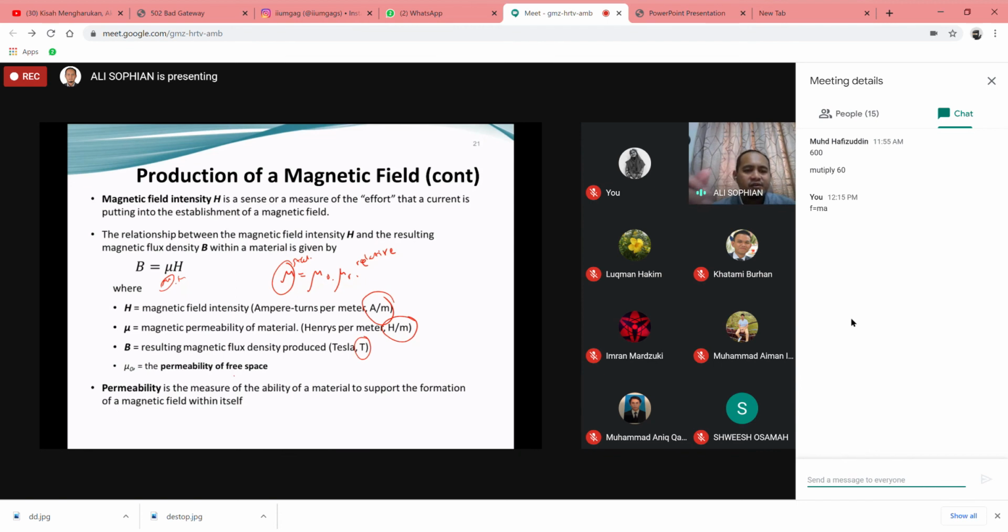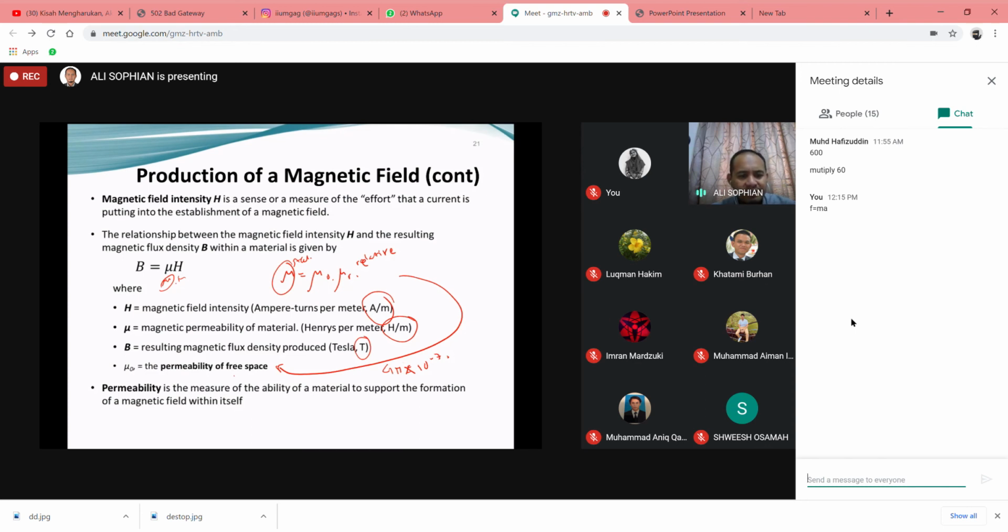This is just to make it easy for us to do the calculation, because we make it relative to this number here. Mu naught is equal to 4 pi times 10 to the minus 7. I think it will be on the next slide as well.